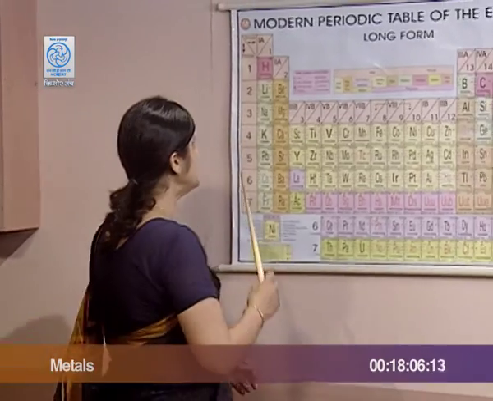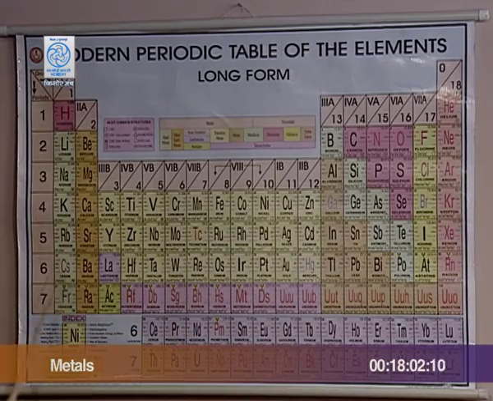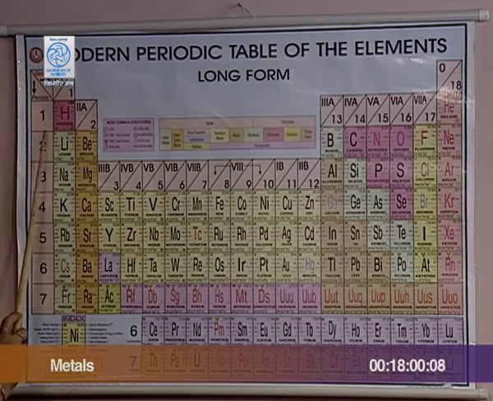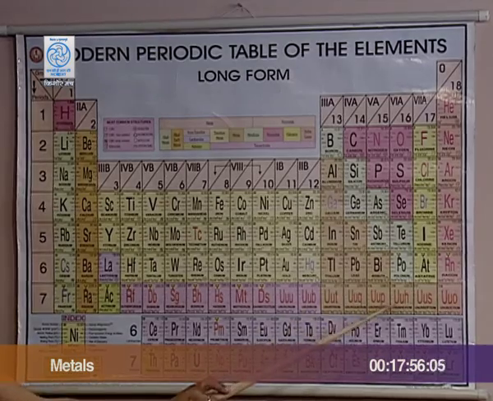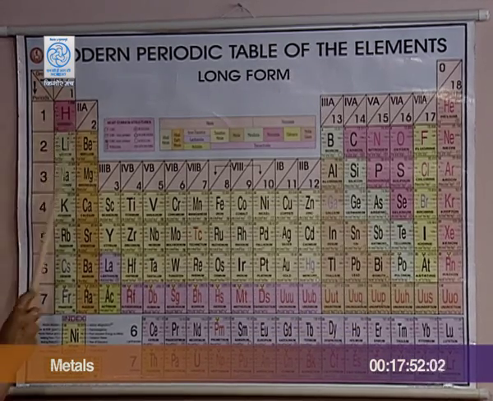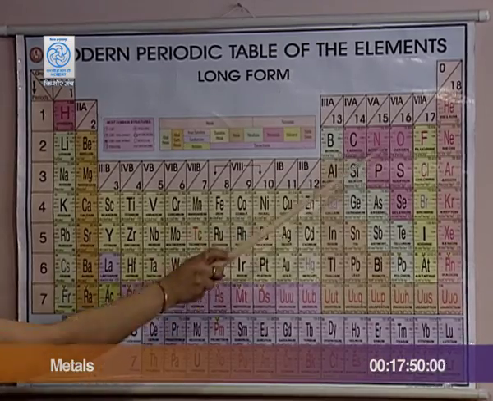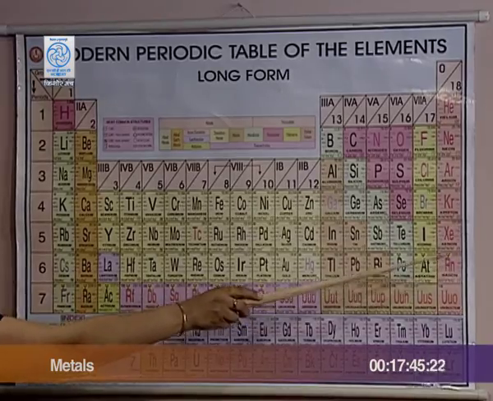In fact, out of the total 114 elements that are known till date, 92 of them are metals, and the rest only 22 are non-metals.